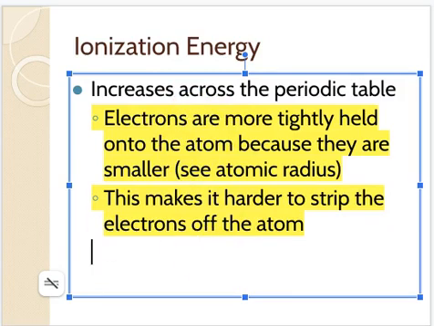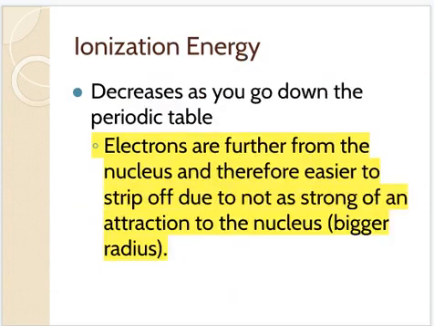If we think of from top to bottom, up towards the top and then down a group, it's going to decrease. So the amount of energy goes down as you go down the periodic table. Because remember, we're adding energy levels. And if we add energy levels, the electrons get further and further away, and therefore it's a lot easier to pull off the electron.